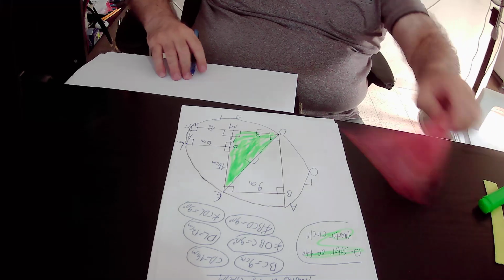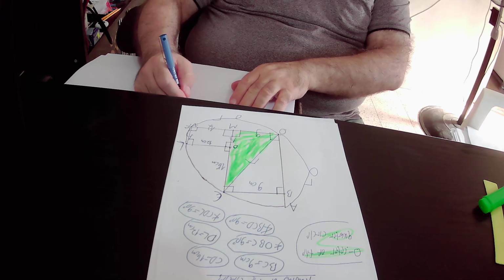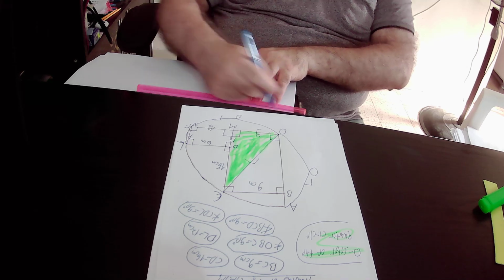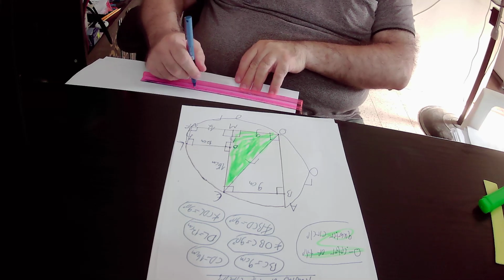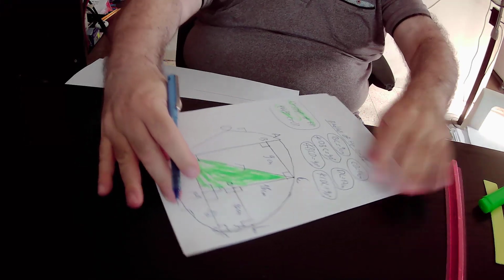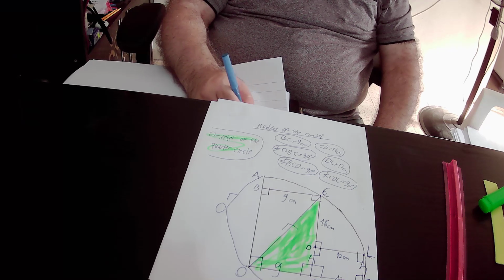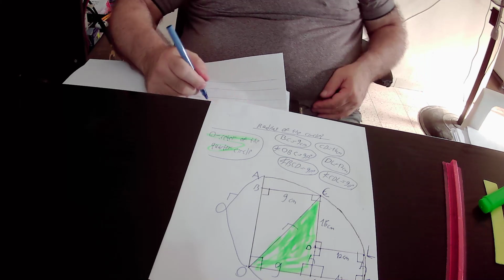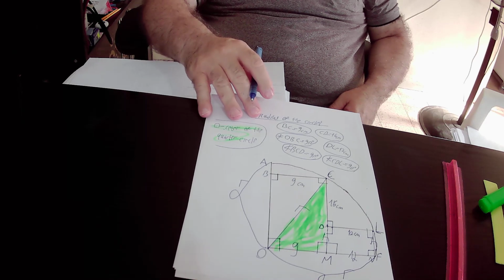So, in triangle COM, the hypotenuse is CO, therefore the square of the hypotenuse will be CO squared, and it must be equal to the sum of the squares of the perpendiculars.